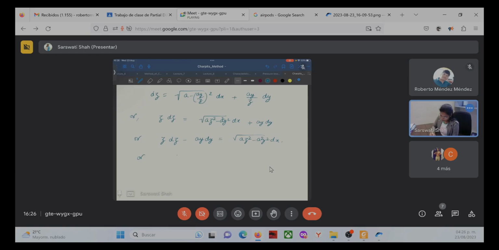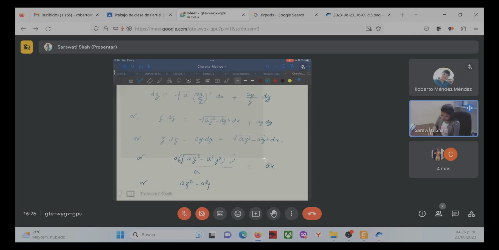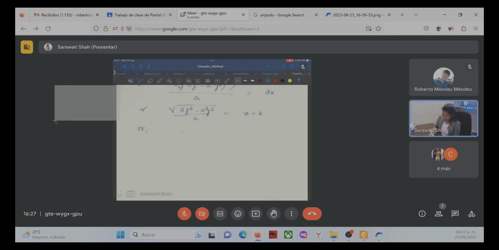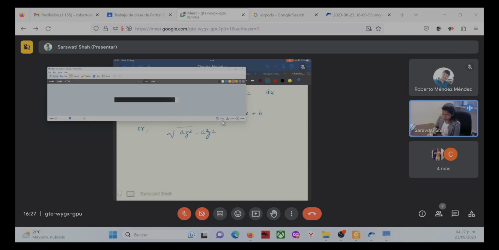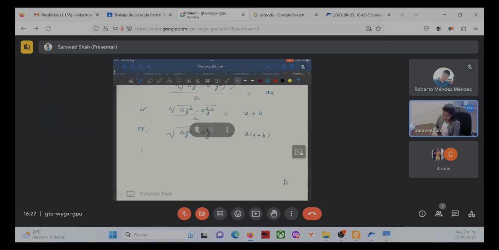How the person is solving it, just trying to do that. Or d of under root a z square minus a square y square, upon a, is equal to dx, or under root a z square minus a square y square upon a equals x plus b. So we get under root a z square minus a square y square equals a of x plus b, or from here you can get a z square equals a square y square plus a square x plus b whole square, or z equals plus or minus under root a y square plus a square x plus b whole square.